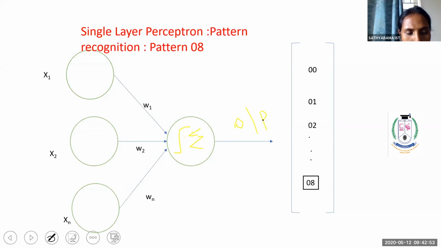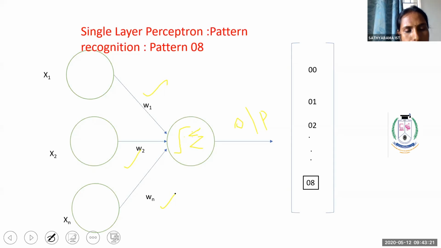If the outputs are not the same, or it is incorrect, what will happen? You want to reduce that error value. So how do we reduce the error? You just modify the weight value. And if you modify the weight value, you have to repeat the same process again and again until you get the desired final output. So this is the working principle of your single layer perceptron.